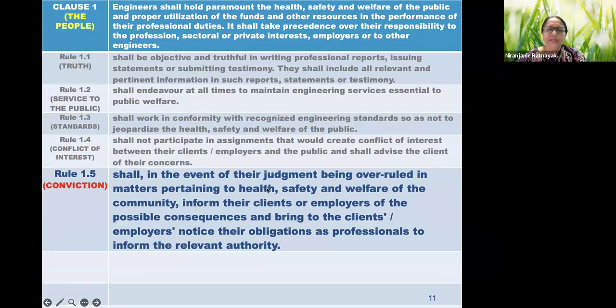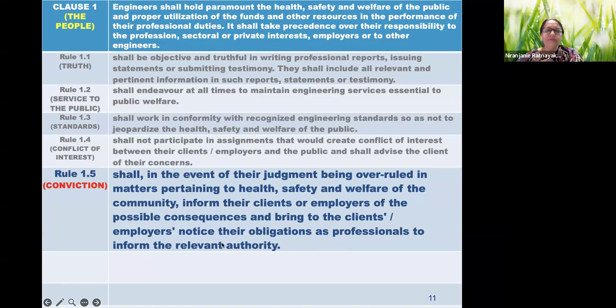Fifth one is, shall, in the event of their judgment being overruled in matters pertaining to health, safety, and welfare of the community, inform their clients or employers of the possible consequences and bring to the clients' or employers' notice their obligations as a professional to inform the relevant authority.